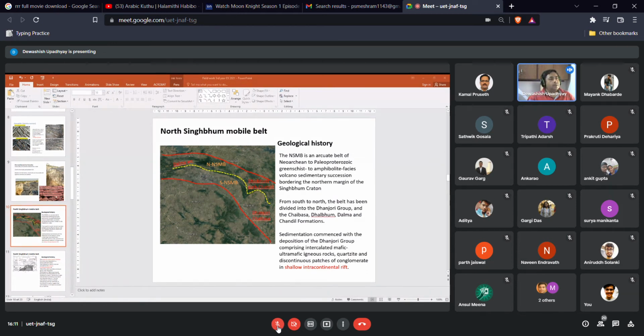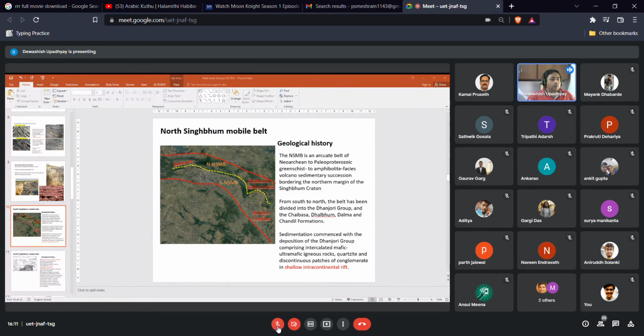All the rocks in such orogenic belts have undergone extreme deformation, as a result of which they produce secondary deformation structures, planar structures, linear structures. You might have heard of terms like schistosity, foliation, gneissosity, etc. These are secondary planar deformation structures which are produced, and the rocks have also undergone high-grade metamorphism.